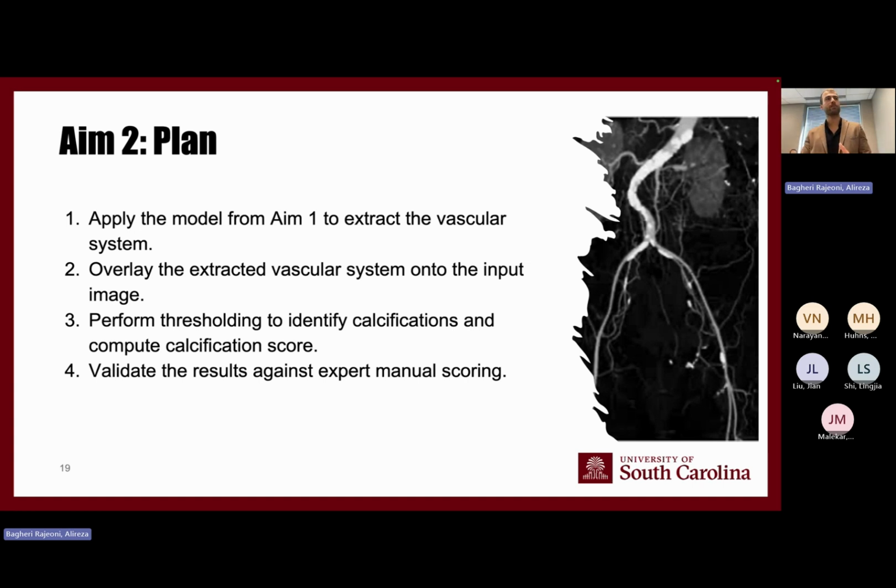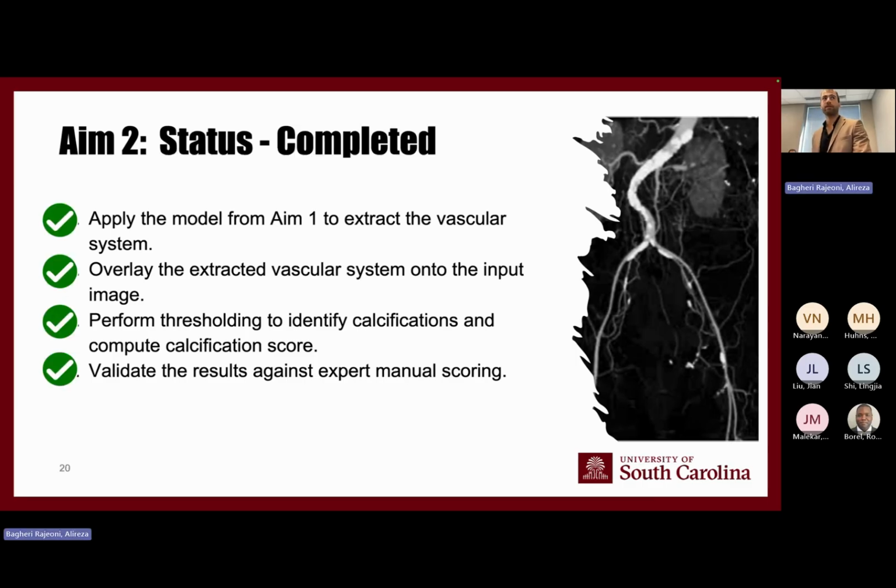And then after that, we apply thresholding to identify calcification, and we develop a calcification scoring model to output one integer representing how calcified those vascular systems are. And then at the end, we validate the results against expert manual scoring. And we were able to finish all of these tasks.